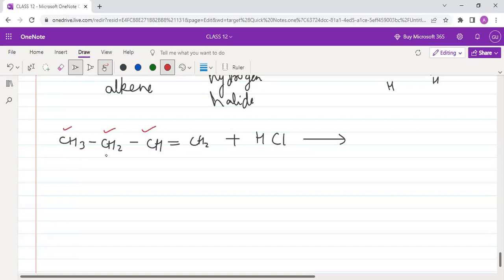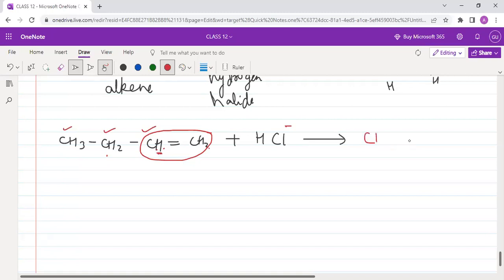No, I told you that whenever we have alkene and hydrogen halide, the negative part will go to that carbon atom of the double bond which is having lesser number of hydrogen. So you have to see these doubly bonded carbon atoms. The one having lesser hydrogen, chlorine will get attached to it.